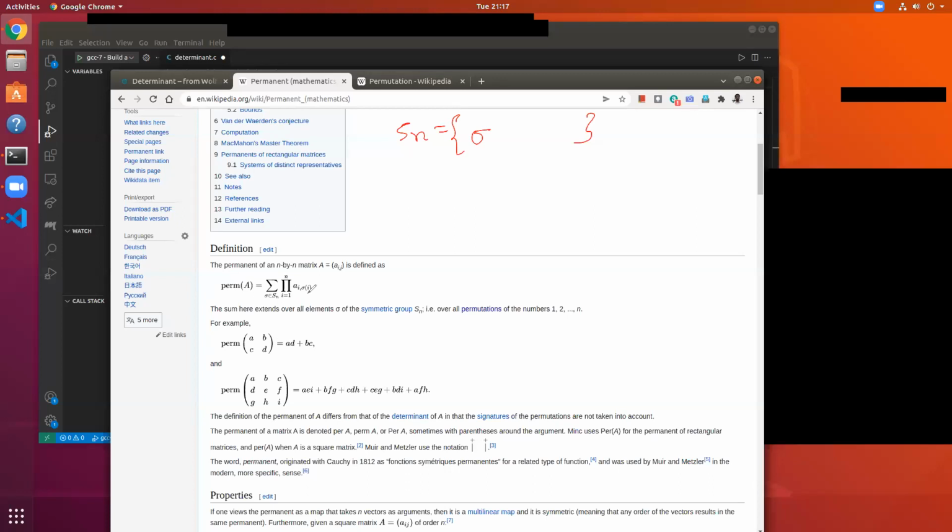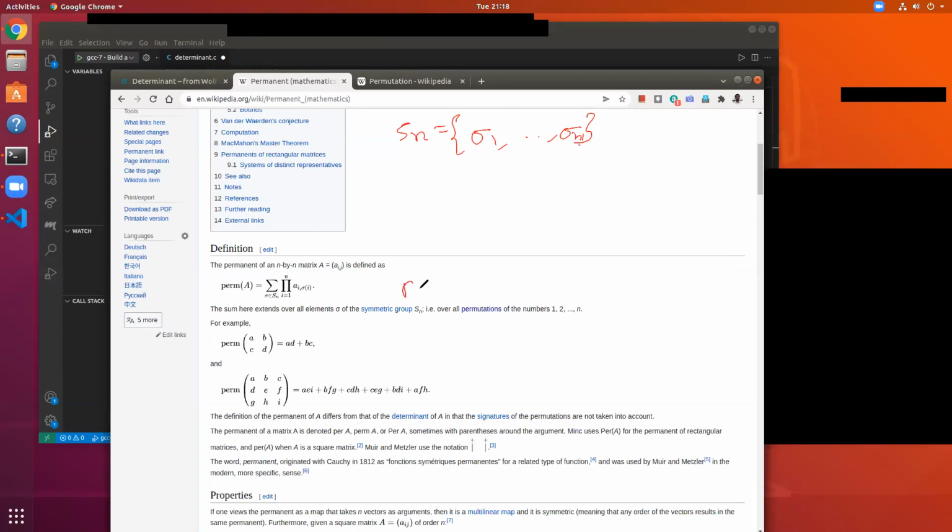That means in the summation of the permanent, there are factorial n terms. How many terms are there in the permanent of A? Factorial n terms, right?